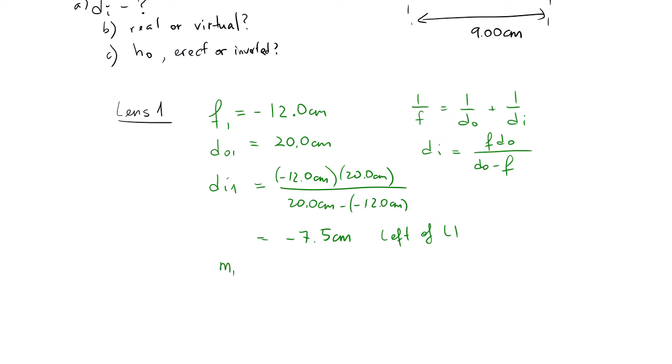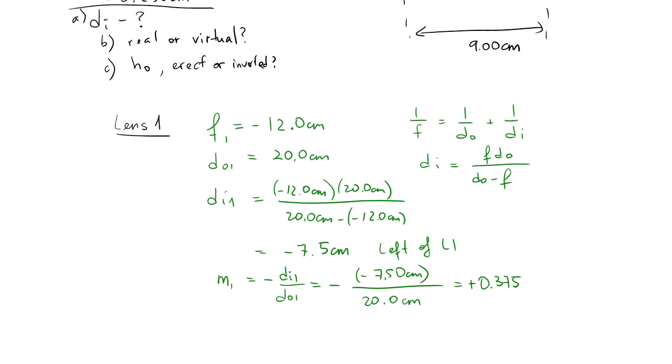Okay, and let's try to find the magnification, how it has changed. I'm going to call it the magnification due to lens 1, which equals negative the image distance di1 divided by the object distance do1. That equals negative negative 7.50 centimeters divided by 20.0 centimeters, which equals positive 0.375, which tells me that the image is upright and it is reduced.